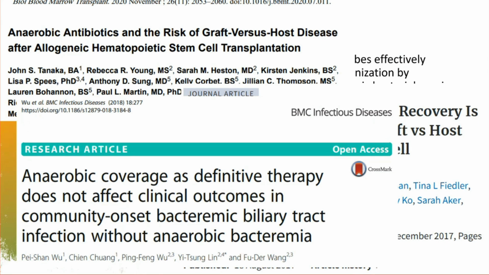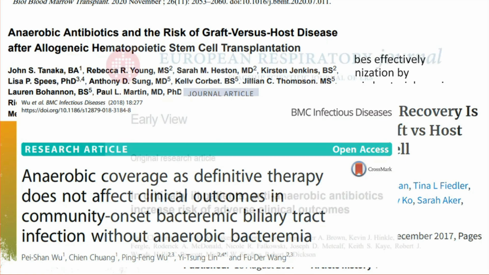I think our current practice, especially from the general internal medicine side, is still empirically covering for anaerobic organisms, but do we really need to, especially if you don't find them in our cultures? Yes, we understand anaerobes are a big part of the flora, but if you see E. coli growing from the blood culture, does that patient really need metronidazole? I don't know, maybe not.